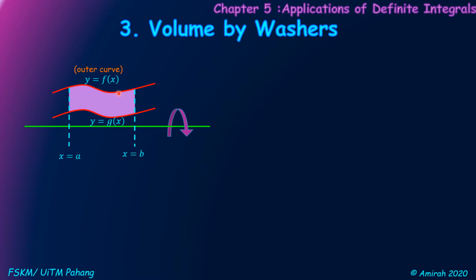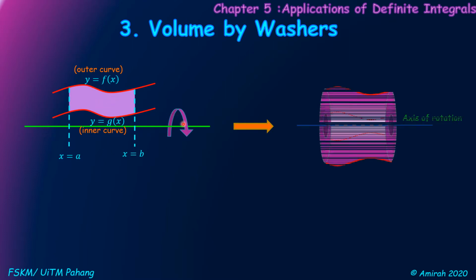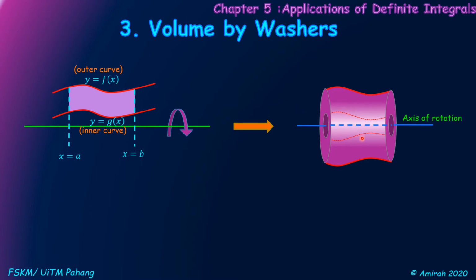Now y equals f(x) on the top here is called the outer curve, and y equals g(x) on the bottom here is called the inner curve. After the shaded region here is revolved about this line, we will get this diagram.